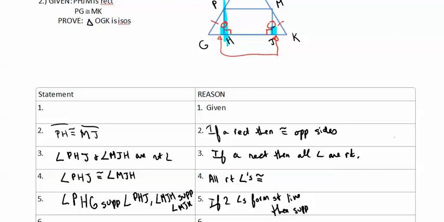So from that information, we can say that angle PHJ is going to be congruent to angle MJH. And then we can also say that angle PHG is supplementary to angle PHJ, along with angle MJK and MJH.